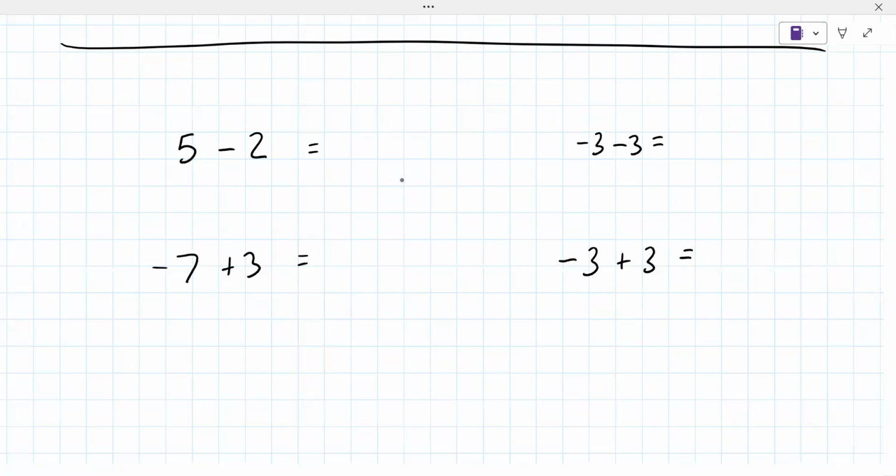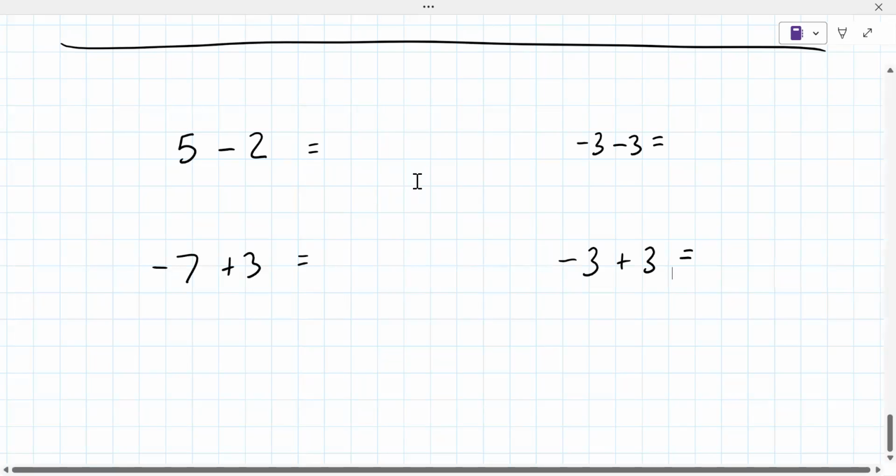I have a question on the last one. Sure. -3 plus 3. Since they're both 3s, both of them are an equal amount away from 0. So what sign would it be?